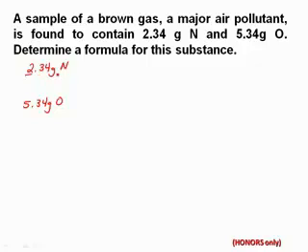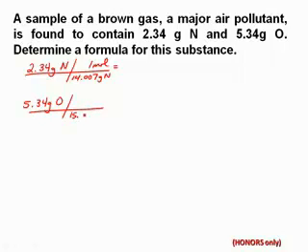All right, then convert it to moles, mass to moles, the second step. So we're going to use the molar mass of nitrogen and the molar mass of oxygen. And so we get 2.34 divided by the molar mass, 0.167059.